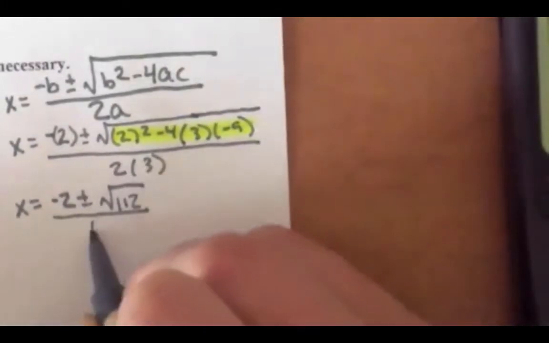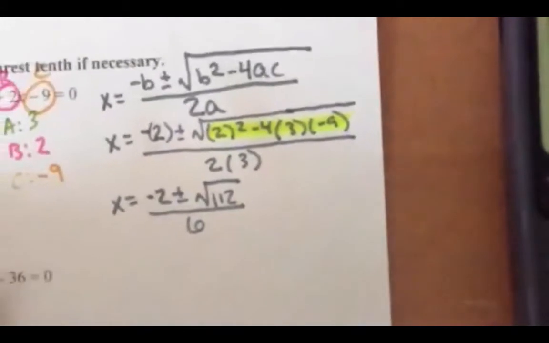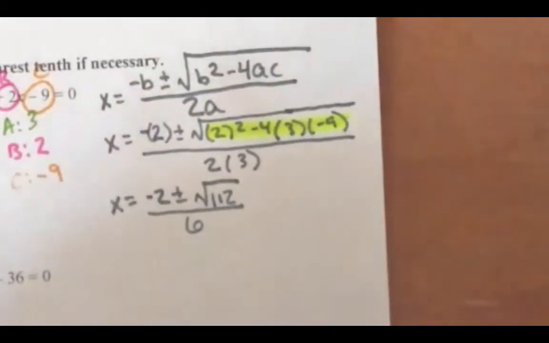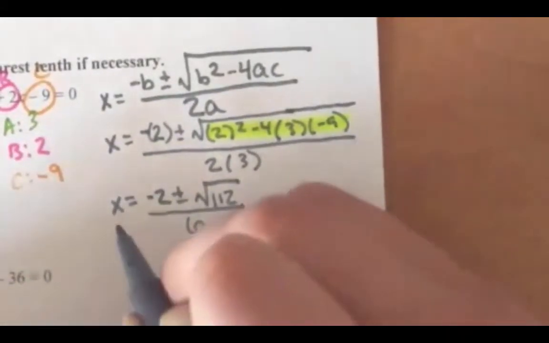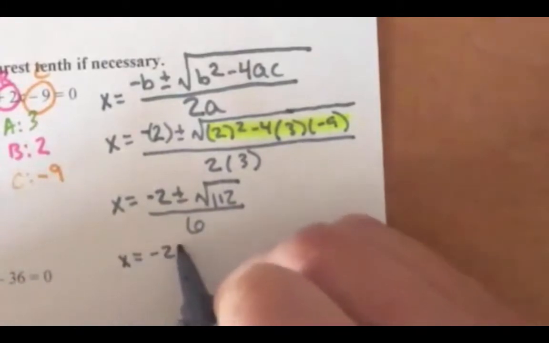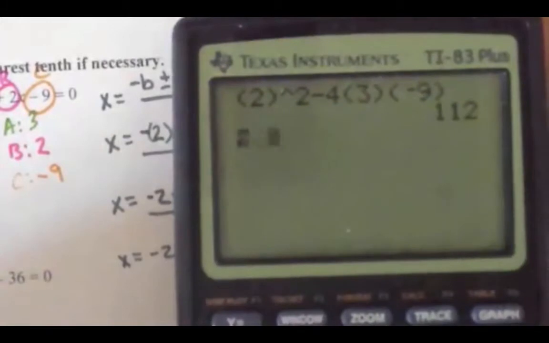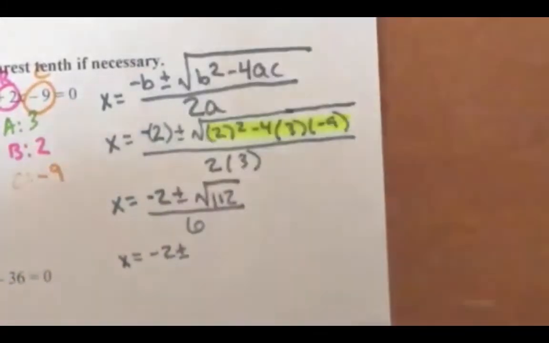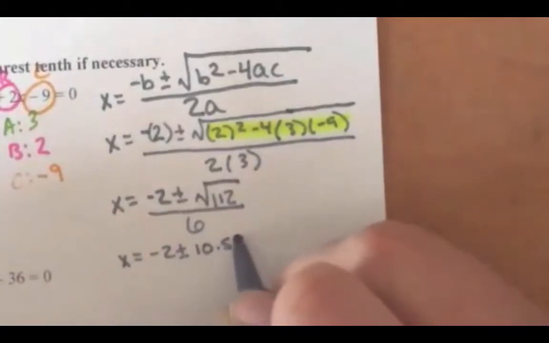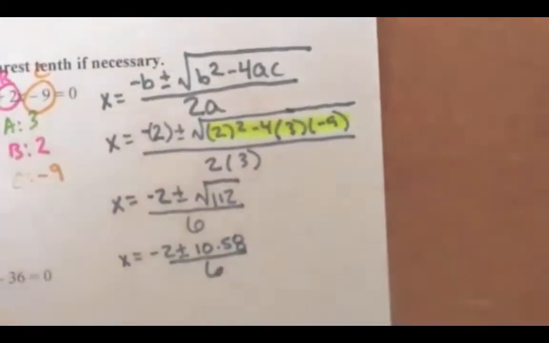All over 2 times 3 is 6. So -2 plus and minus. Let's take the square root of 112. Is 10.58. It's okay if you have a decimal. Just write 10.58 all over 6.